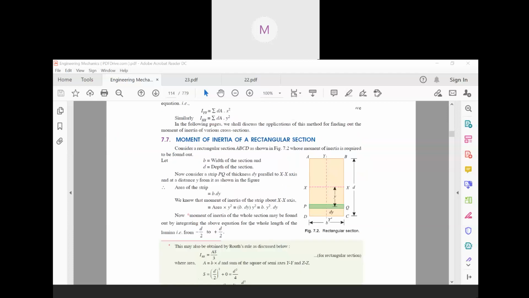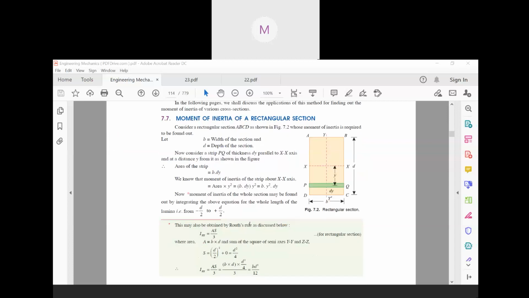Now, how to find it for a rectangular section? The width is B and the depth is D, so the area is B into D. We'll consider a small strip again, this green one.